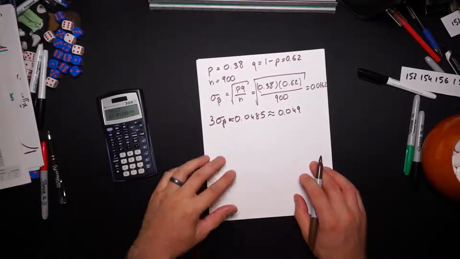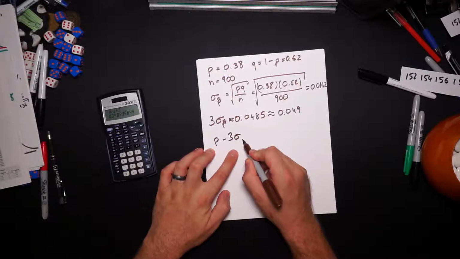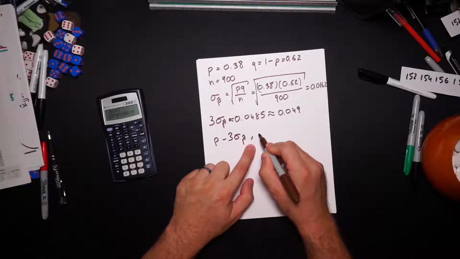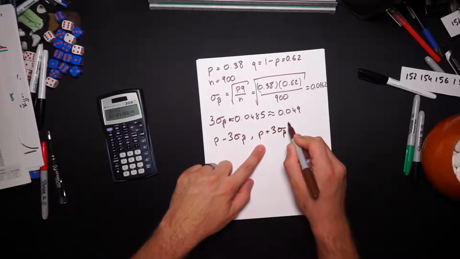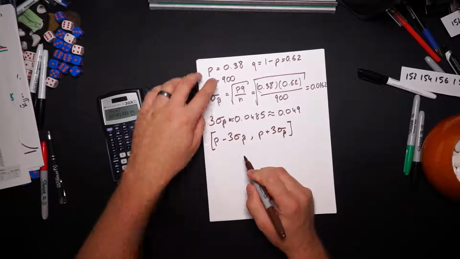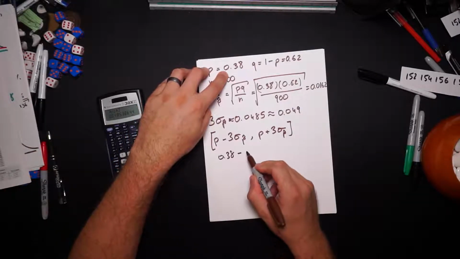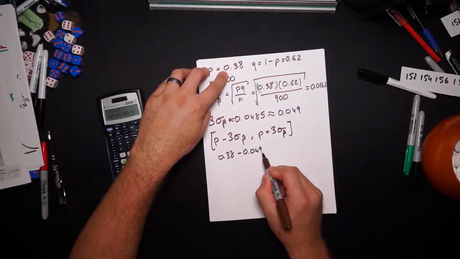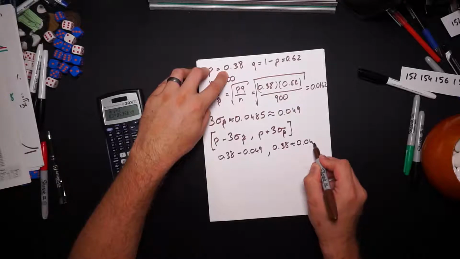All right, and now we need to find p minus 3 sigma p hat and p plus 3 sigma p hat. I need to find this. Well, let's see. This is 0.38 minus 0.049, and this is 0.38 plus 0.049.